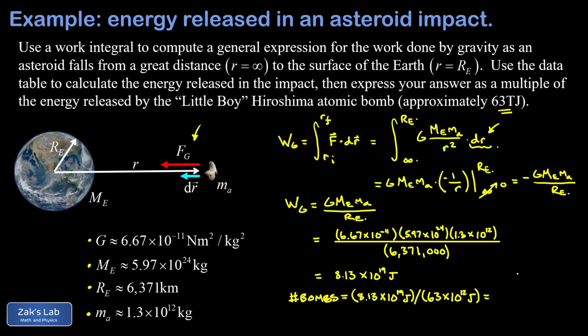And when we run the numbers on this and just round to 3 significant digits, we get 1.29 times 10 to the 6th bombs. So that's 1.3 million nuclear bombs going off all at once on one spot on the surface of the Earth. And I think this does a good job of explaining why scientists like Carl Sagan and Neil deGrasse Tyson put asteroid impacts on the short list of existential threats to humanity.